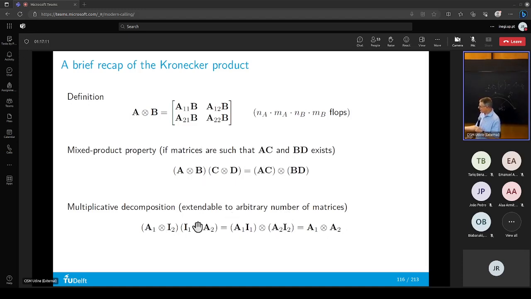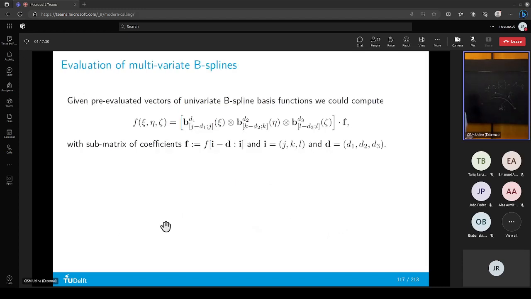I mean, I can write it like this. And I can do exactly the same with as many matrices as I want. I can basically say it is a matrix product of A1 crossed with a lot of identities, with a matrix product of I1, A2, a couple of identities, etc., etc.